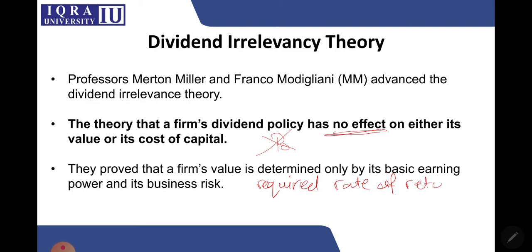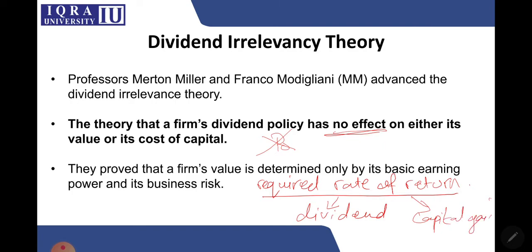So, as long as you are giving them their required rate of return, it does not matter whether the required rate of return is coming in the form of dividend or whether it is coming in the form of capital gain. Okay, so let's assume the investor's required rate of return.